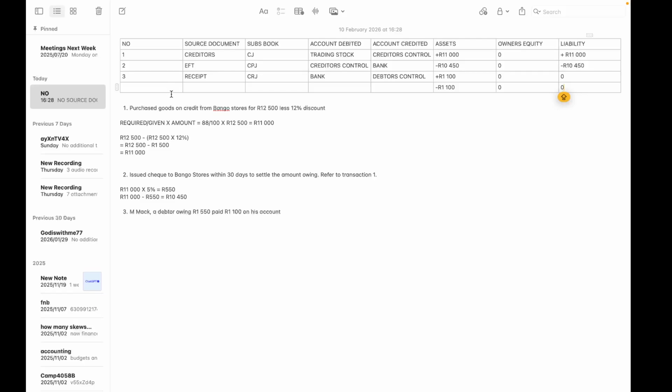So with transaction number 3, our asset is plus 1,100 because it's bank debited. However, it's also minus 1,100 because it's our debtors control, which is an asset, credited, right? And I hope that you guys understand that.